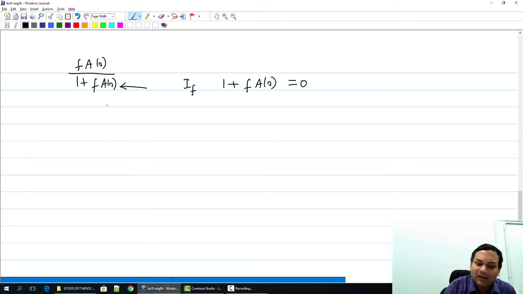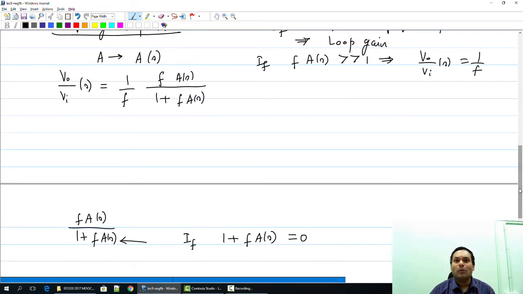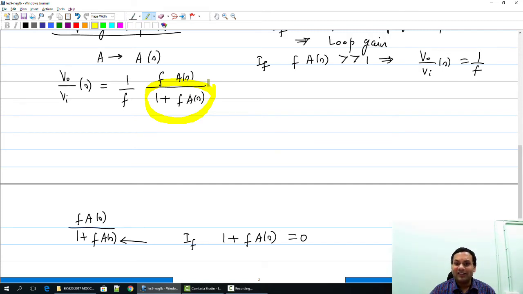If you go back and look at the expression for VO by VI of S, you can clearly see that if the denominator goes to 0, then VO by VI goes to infinity or is indeterminate really. What it really means is VO is no longer a function of VI, or to put it in different terms, you can have an output VO of S even if VI of S were equal to 0.